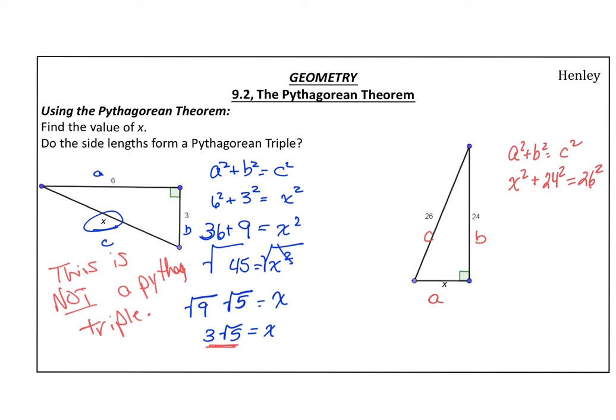Now, let's go ahead and do our multiplying. 26 squared is 676. 24 squared is 576. x squared, we don't know. Subtract 576 from both sides. That will leave us with x squared equals 100. Find the square root. x is equal to the square root of 100, which is 10. So we can say, yes, it is a Pythagorean triple.